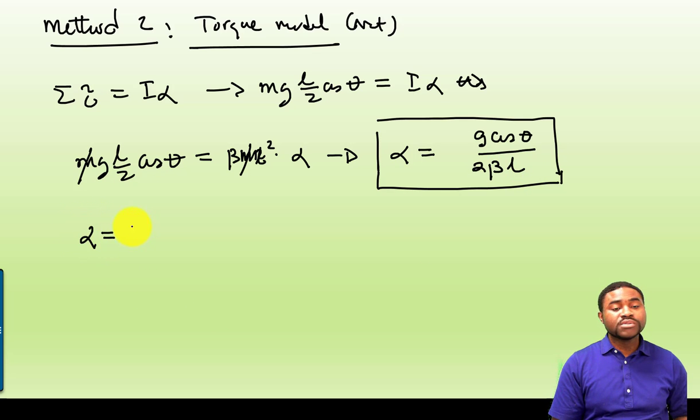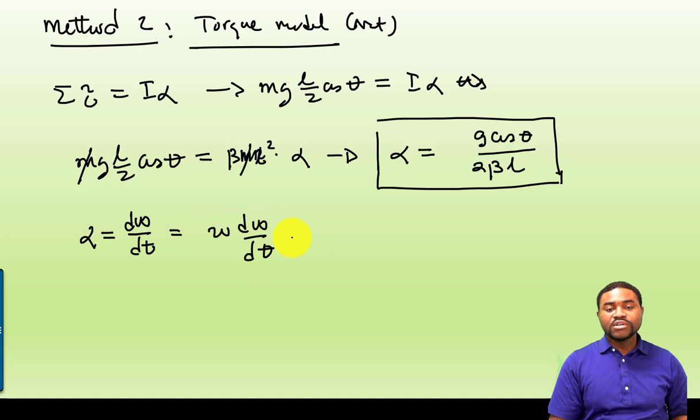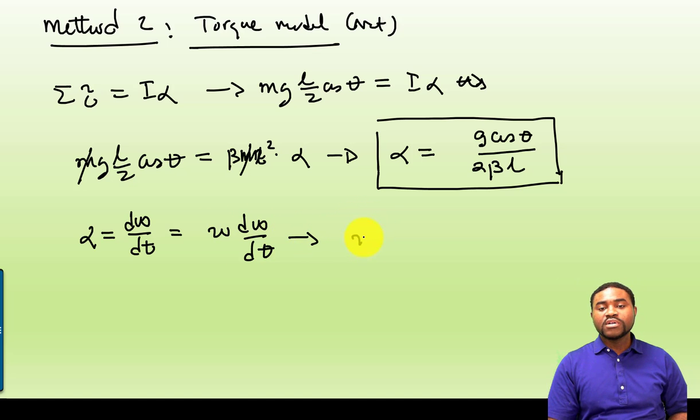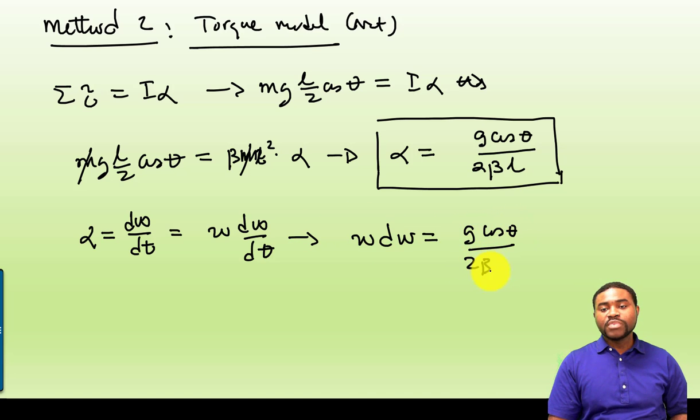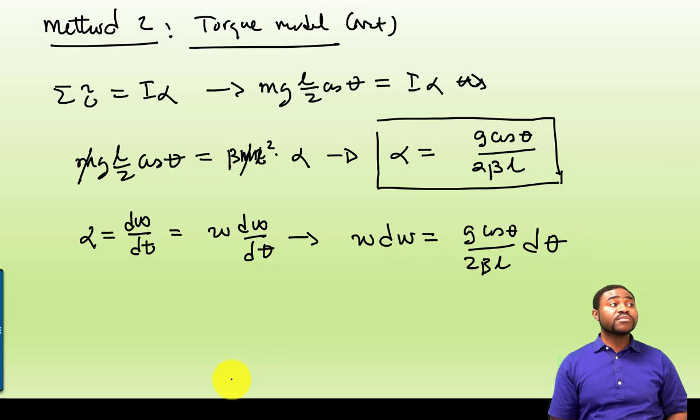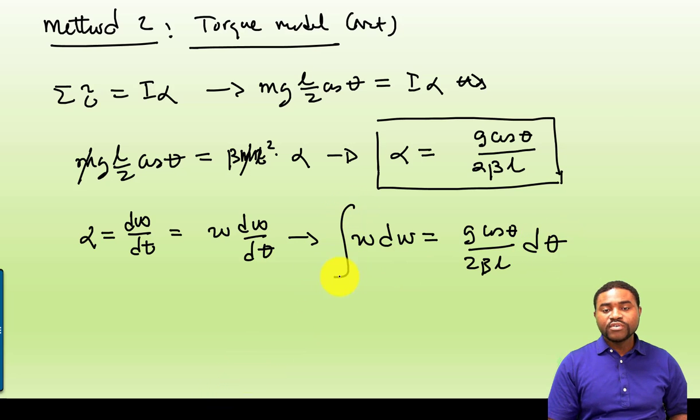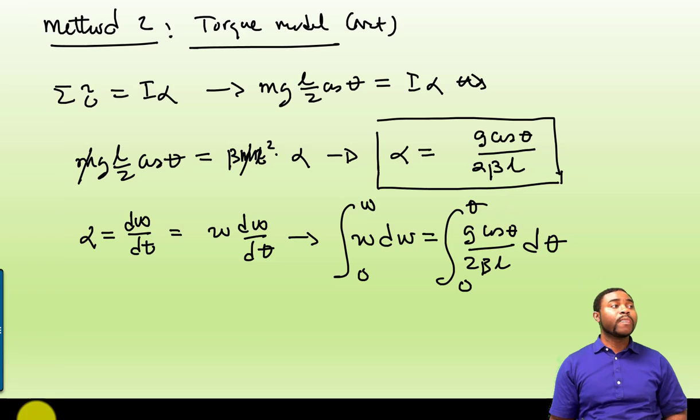But what is alpha? Alpha is equal to d omega over dt, which is the same as omega d omega d theta. This implies that omega d omega is equal to g cosine theta over 2 beta L d theta. And we are integrating from 0 to omega on one side, and from 0 to theta on the other.